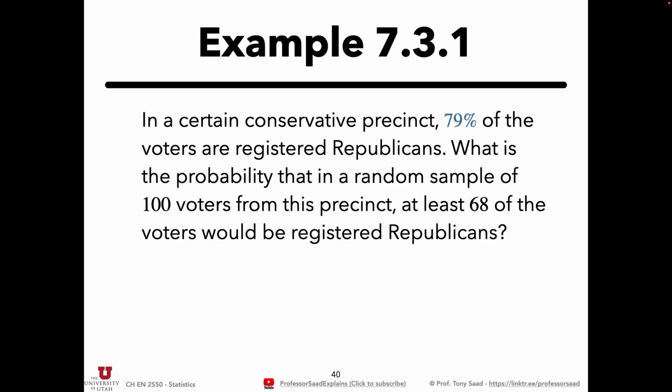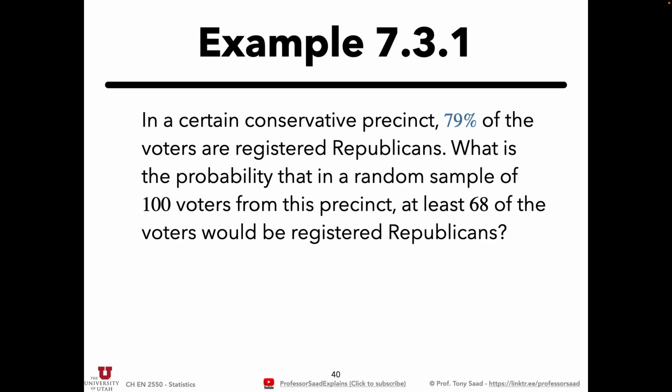So 79% of voters are registered Republicans. What's the probability that in a random sample of 100 voters from this precinct, at least 68 of the voters would be registered Republicans? We know that in this precinct there's a 79% chance, so that's your P, the population probability, that voters are Republicans.